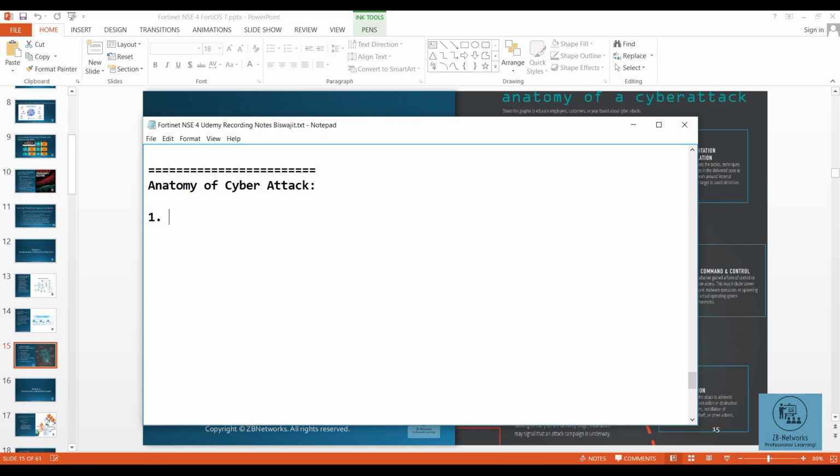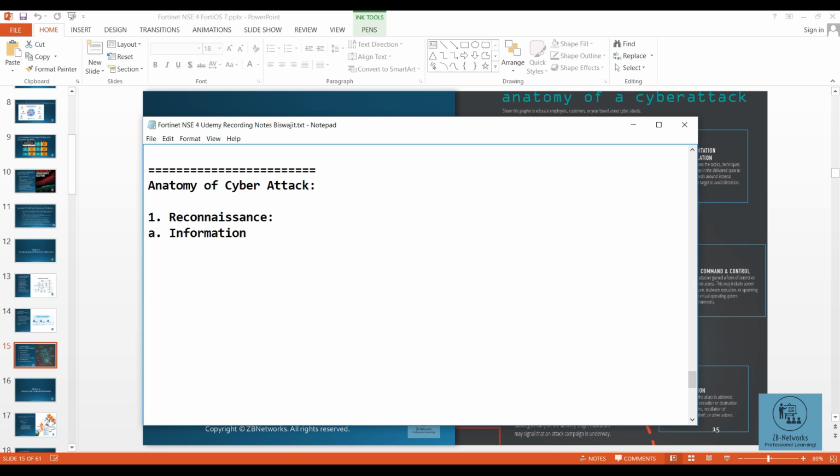The first stage is called reconnaissance, and it can contain multiple steps. The first step is information gathering. Think of a malicious actor trying to invade a network or certain applications of that network.